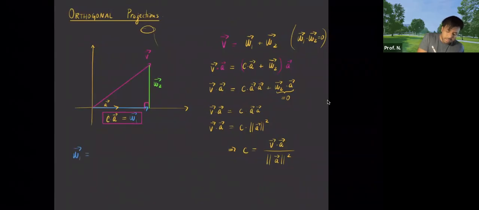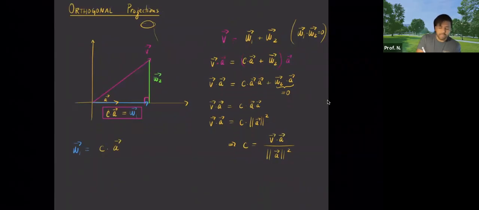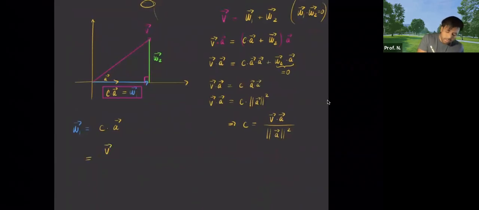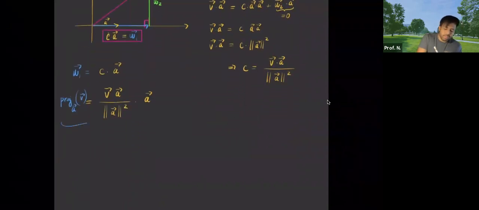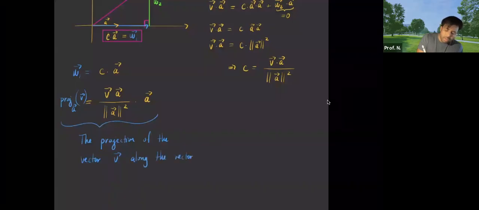W1 is C multiplied by the vector A, where C is V dot A over the norm of A squared. And we're going to call W1 the projection of V along A. So W1 was a projection the whole time: the projection of the vector V along the vector A.